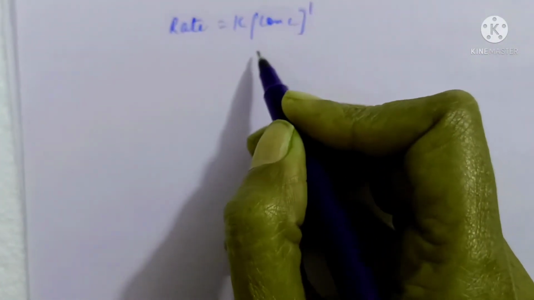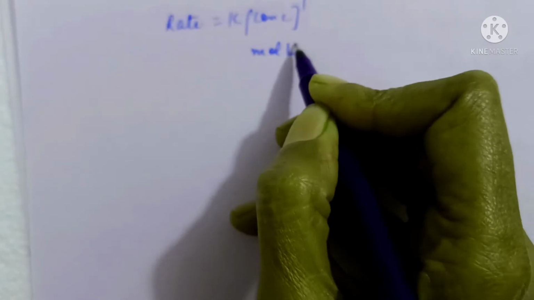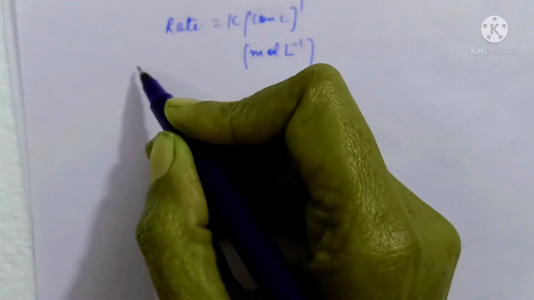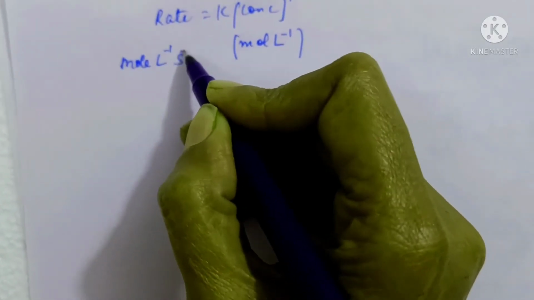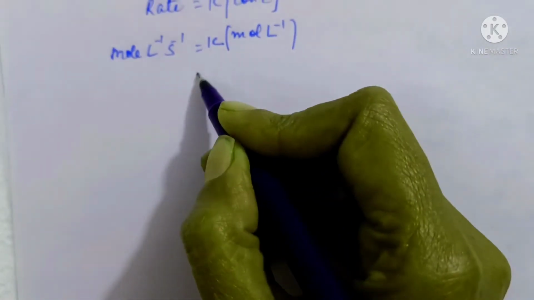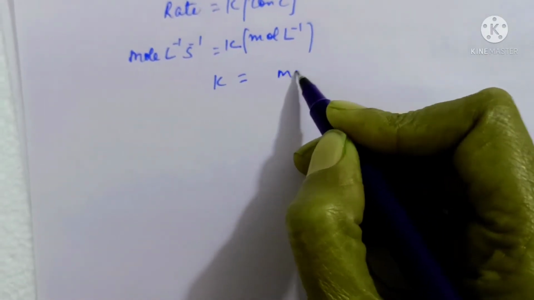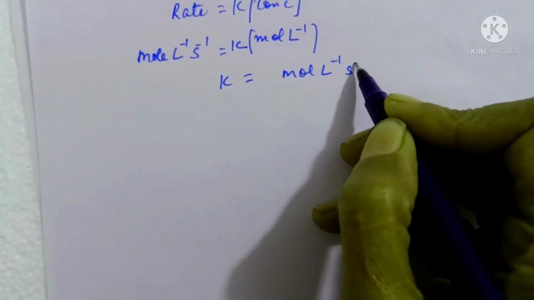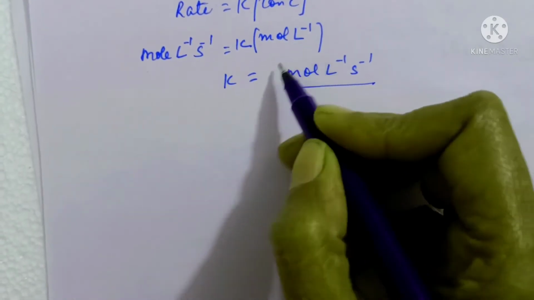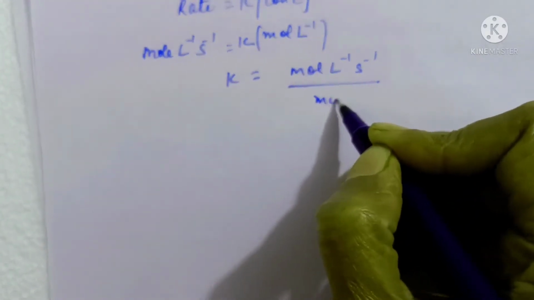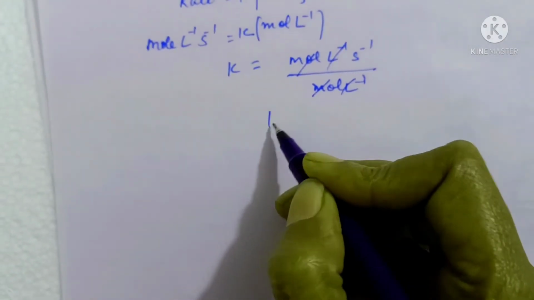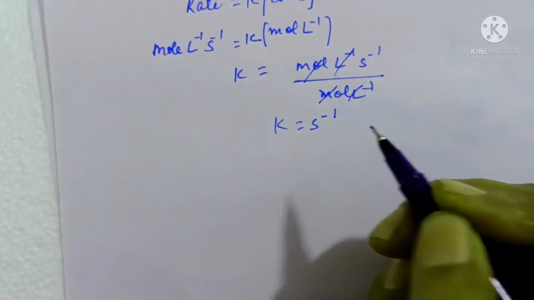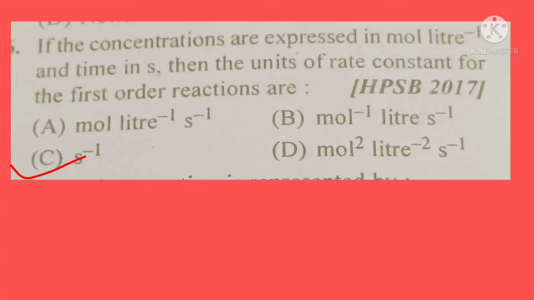So if concentration is in moles per liter and units of rate will be mole per liter per second, then units of K will be equal to mole per liter per second divided by mole per liter, so this cancels and units are second inverse. So option C, second inverse, is the correct answer.